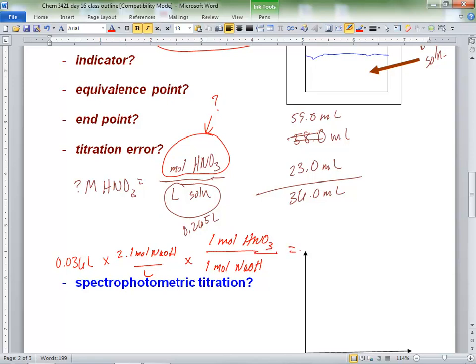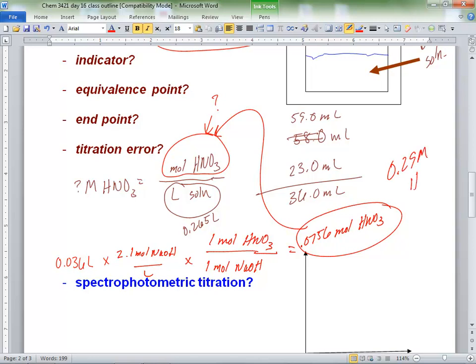Okay, 0.036 times 2.1 is about 0.07 something. .0756. So that's what we'll put up on top. Divide it by 0.265 liters, about 0.29 molar is our final answer.